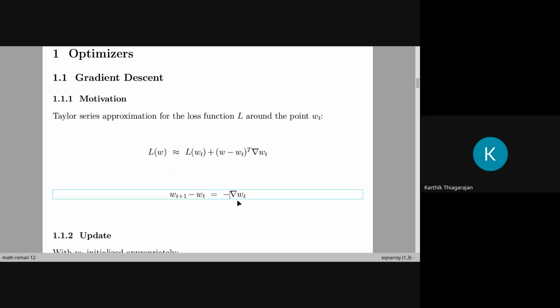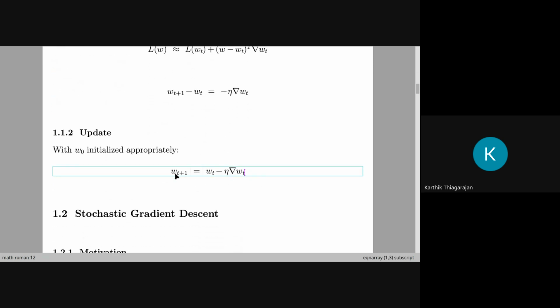Therefore, we typically only move by a very small distance in the opposite direction of the gradient. That's why this learning rate matters. Please remember these things. This is the basic principle of gradient descent. So now you can notice that WT plus 1 is WT minus eta times the gradient. This is your usual update rule. You must be familiar with this by now.